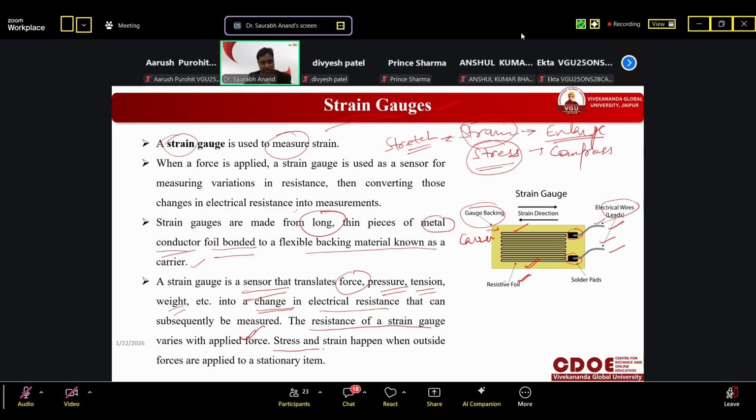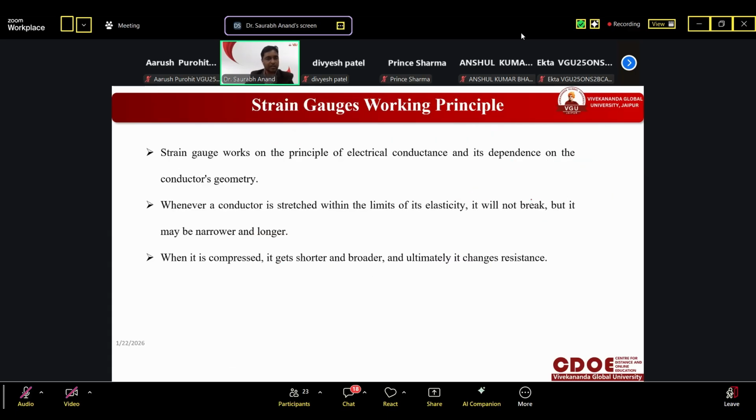And stress and strain happen when outside force is applied to a stationary item. So whenever we apply the force on any object or any stationary item, then there will be stress or strain happening on that material. Okay, means there will be variation in resistance, and we will convert that into electrical power, right?